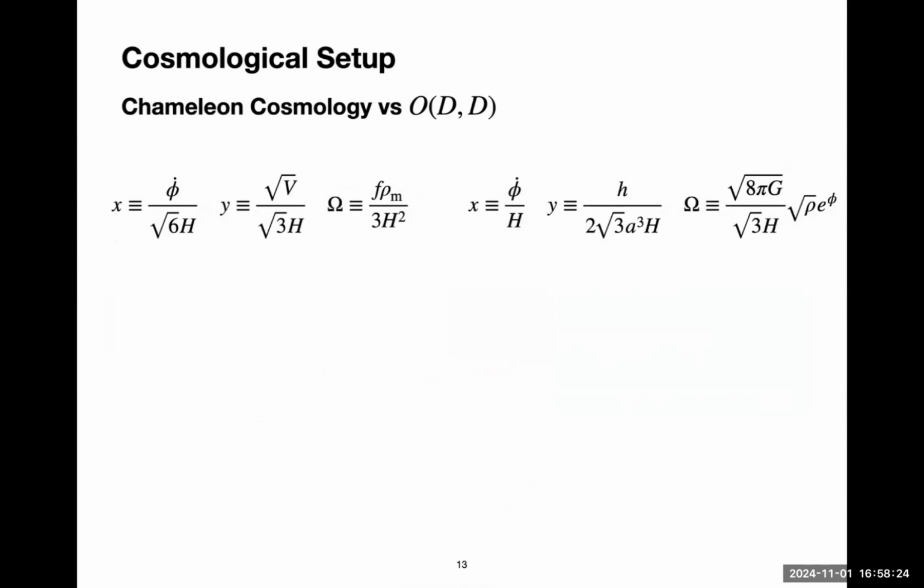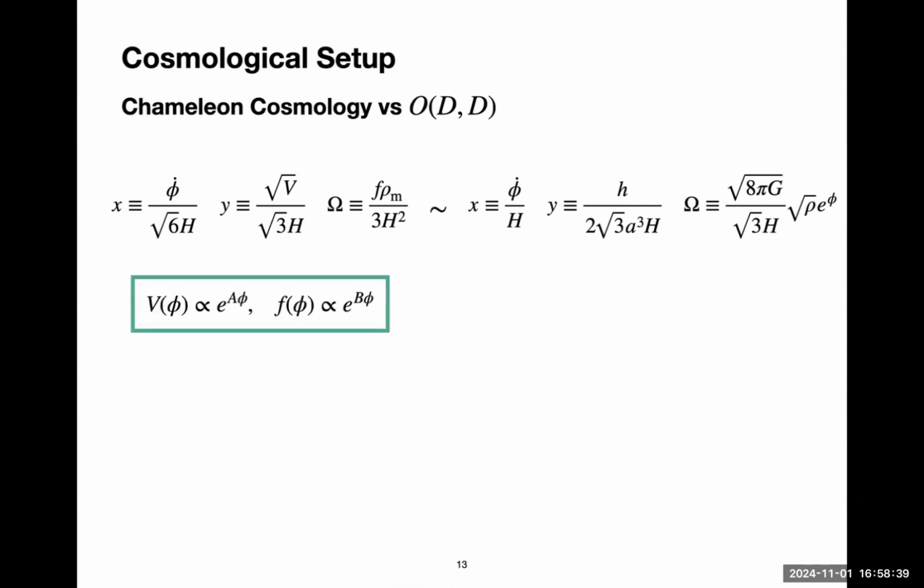So here on the left-hand side, we define the chameleon cosmology linear stability analysis dynamical variables, and on the right-hand side, the ODD phase space variables we had previously defined from the ODD complete system.